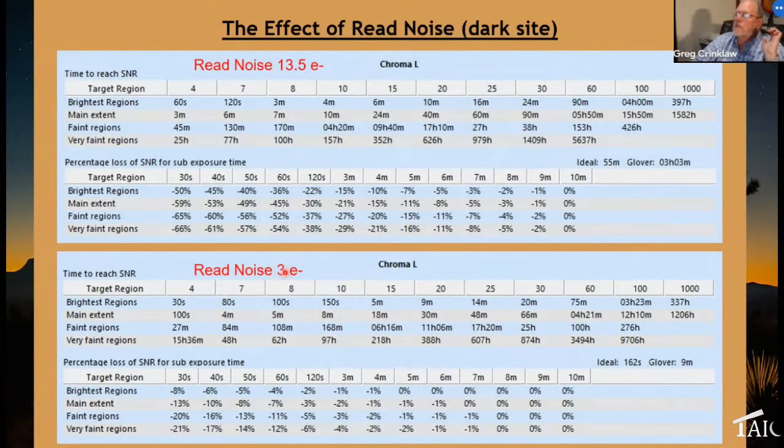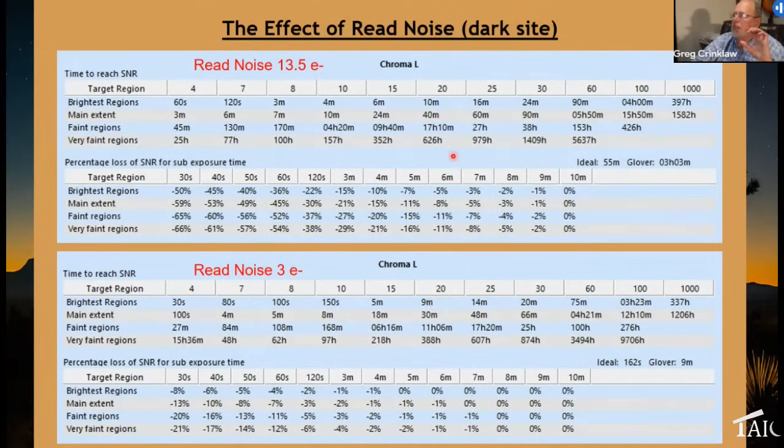This one has a read noise of 3 electrons, and this one is 13.5. So let's go to our brightest regions: 10 minutes, and down here, it's going to be 9 minutes. So that improvement in the read noise didn't get us a big change in the bright areas.